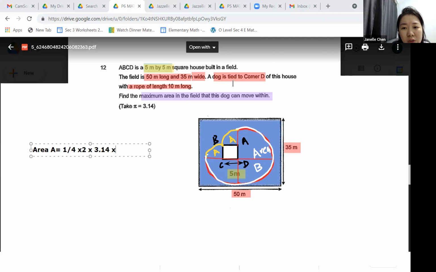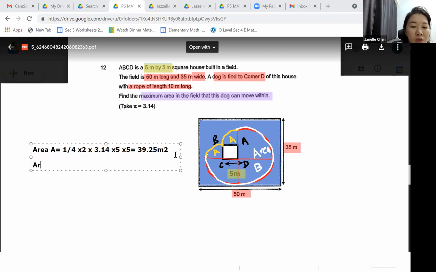For the smaller quarter, the radius is actually 5 based on the square itself. So it's 5 times 5. If we press our calculator, we should be getting 39.25 meter square.